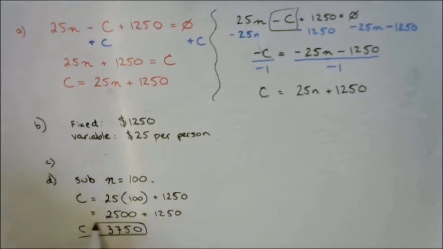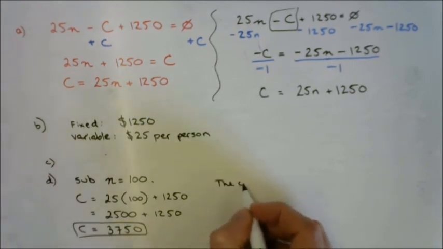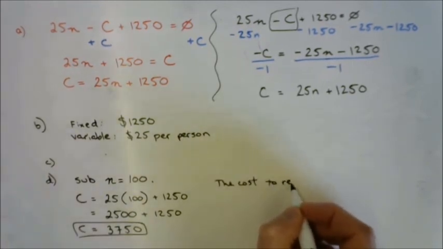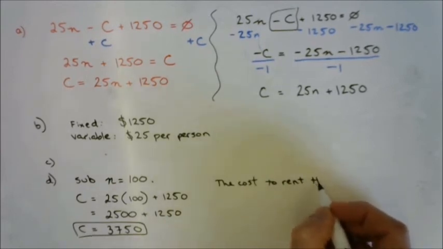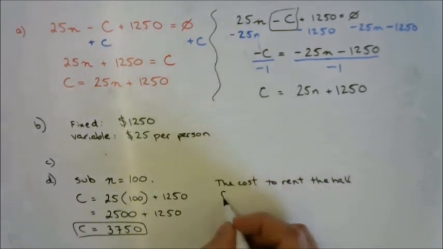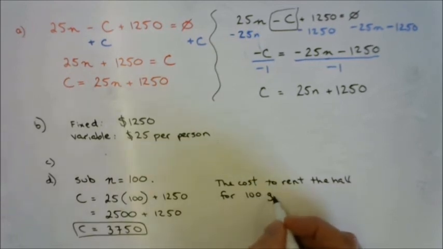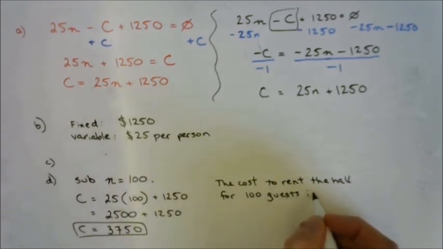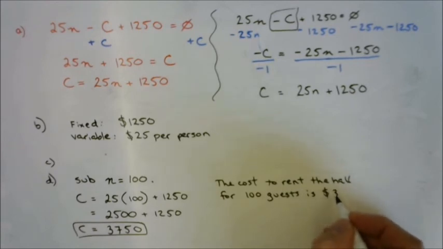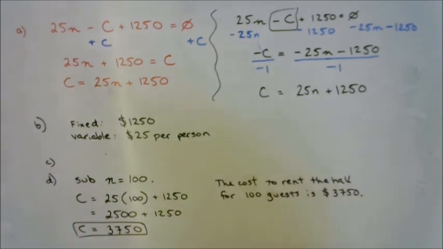Doesn't the cost to rent the hall for 100 guests... Wait, Mr. E, don't the people have to pay? 3,750. If you were arranging the ball, maybe you would get the people to pay. But this is how much the hall is going to charge you. The cost of renting the hall, if you're going to have 100 people at your event, is going to be $3,750.